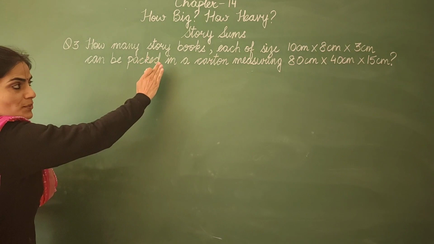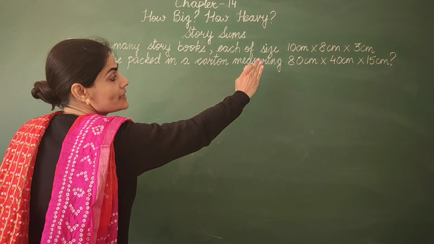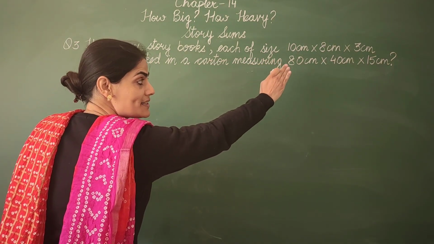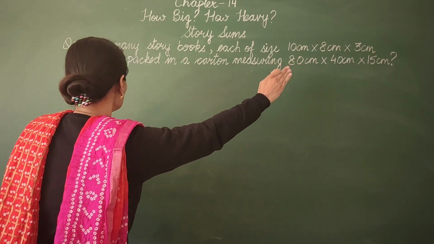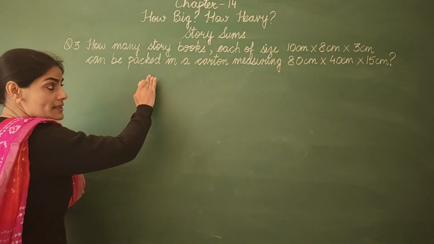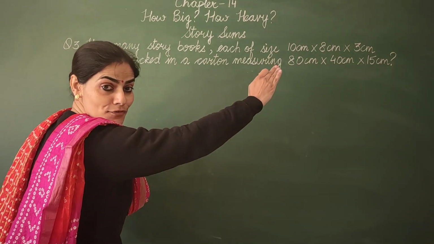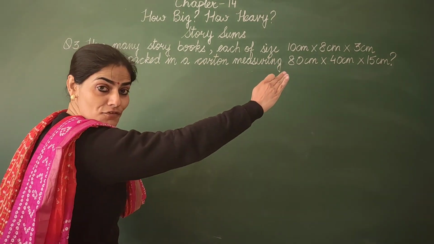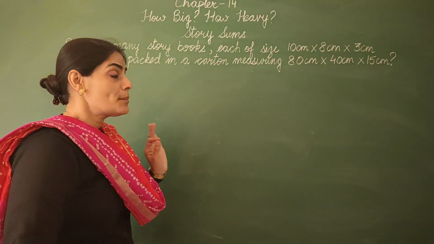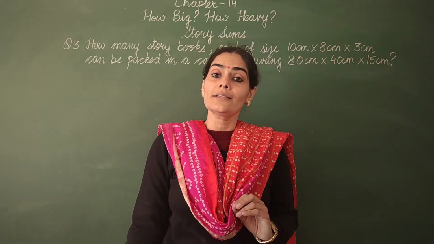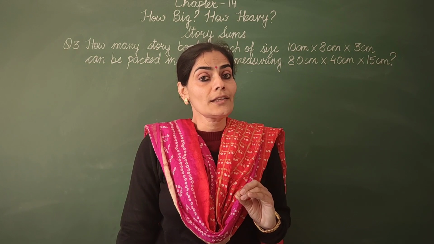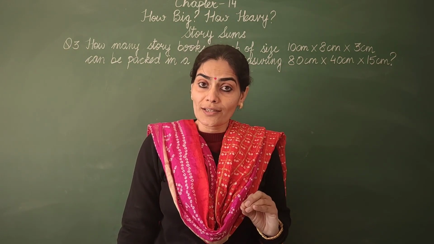Now let's read question number 3. How many storybooks, each of size 10 centimeter by 8 centimeter by 3 centimeter, can be packed in a carton measuring 80 centimeter by 40 centimeter by 15 centimeter? Beta, in a question like this, we first find the volume of the given object.